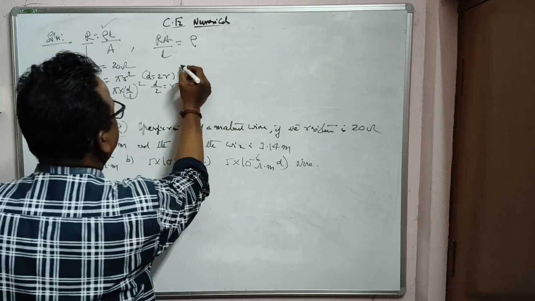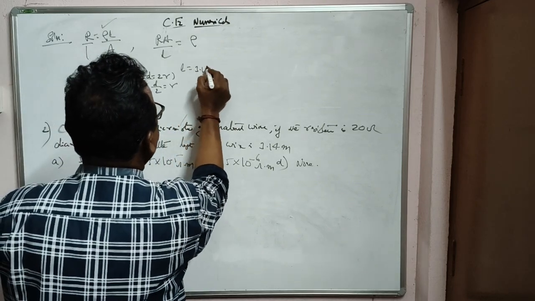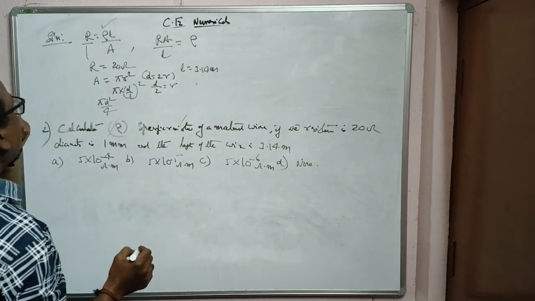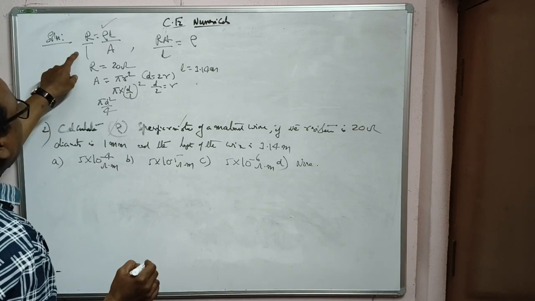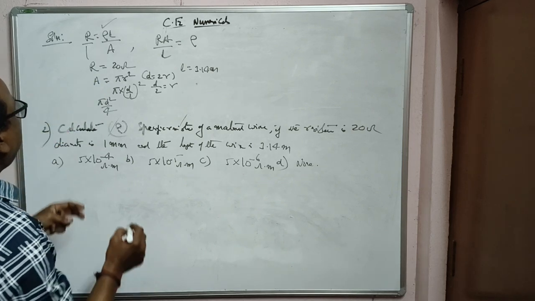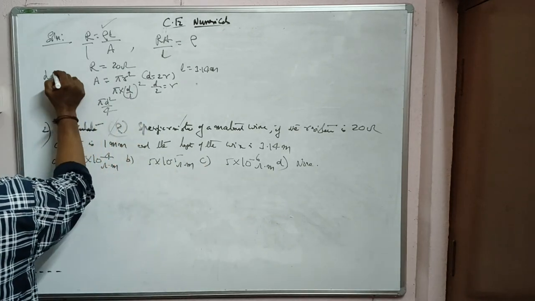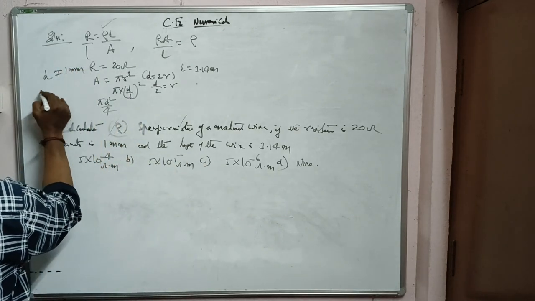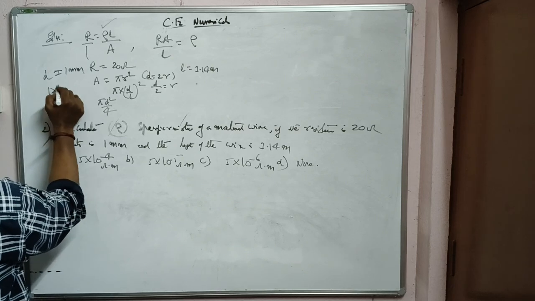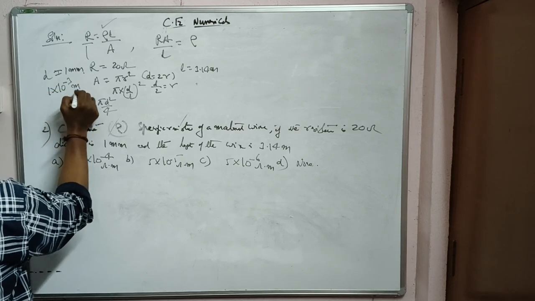The length is given as 3.14 meters, all in SI. The diameter is given as 1 mm, so convert it into meters: 1 into 10 power minus 3 meters.